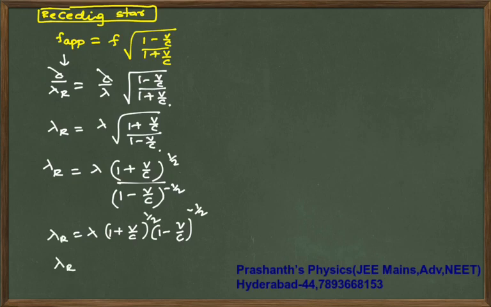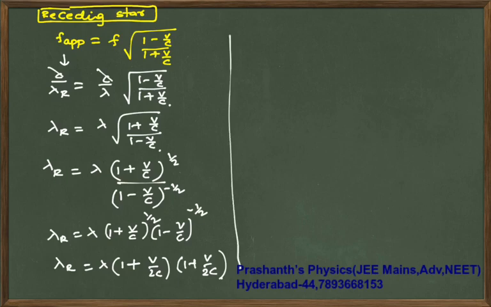Power 1 by 2 is there. So lambda times... Did I do anything wrong? In both cases you should get the same result. Let me check. Hope we'll get the same answer.